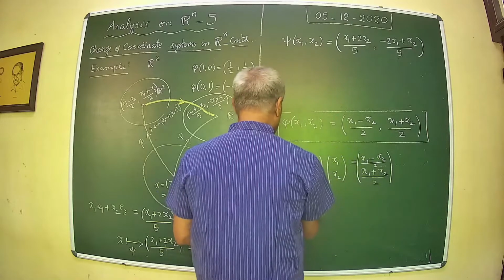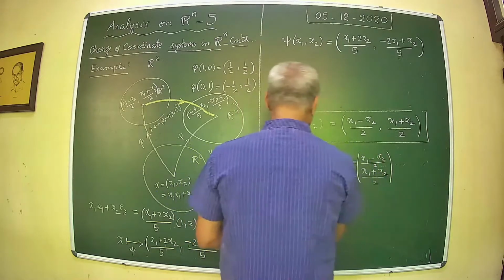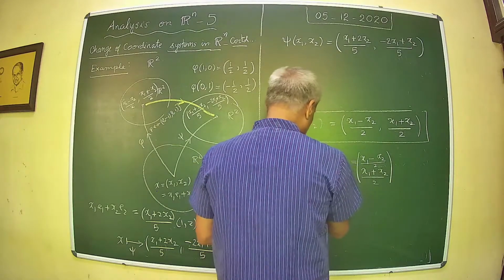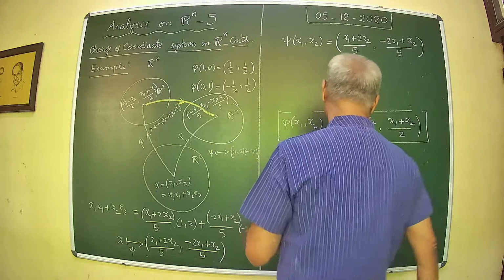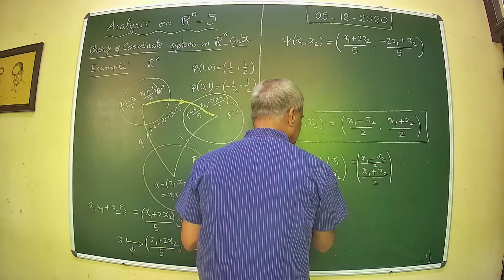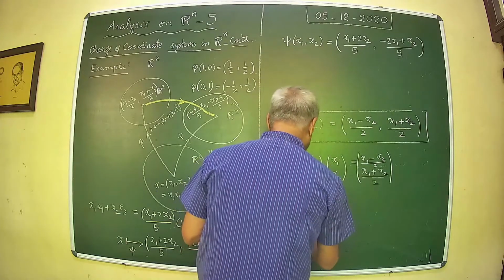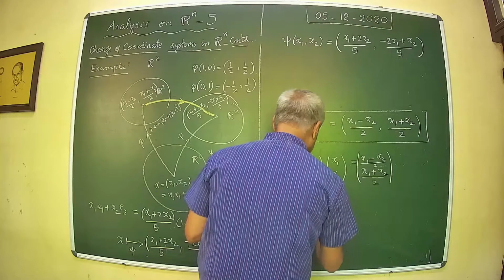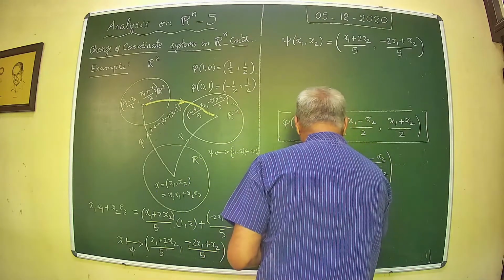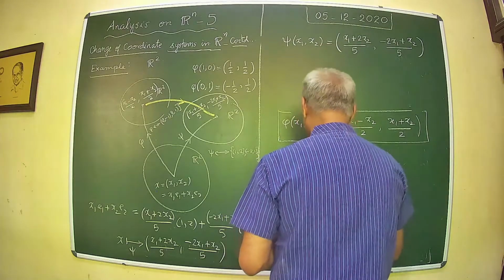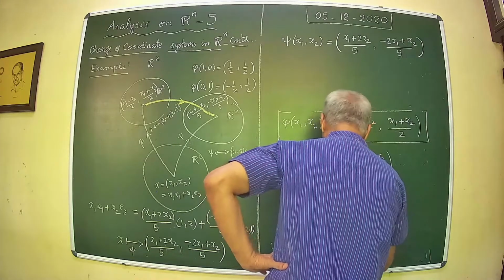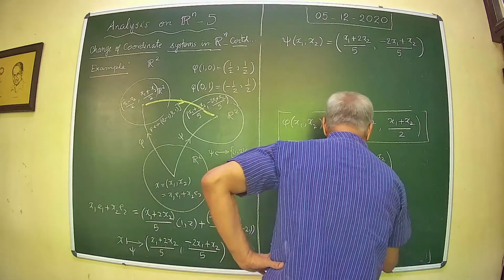You have half, then minus half, so that when you multiply this row with this column, you end up with this. Therefore phi has a matrix representation given by this square matrix with entries 1/2, -1/2, 1/2, 1/2.